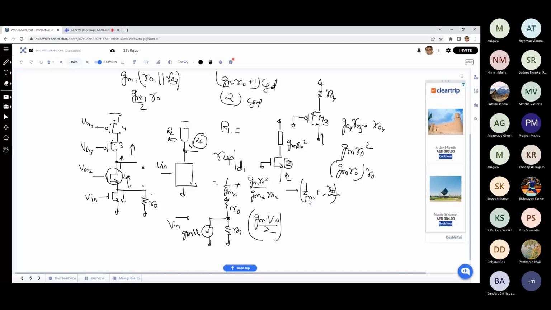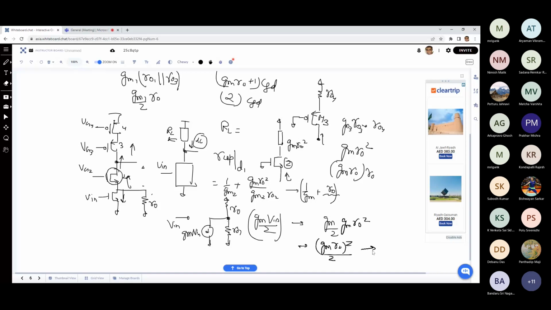Then we can multiply the two to get the gain. So basically gm Vin by 2 times gm ro squared will be coming at that node. So we get overall gain gm by 2 times gm ro squared. So what is the gain? Effectively, it is gm ro squared by 2.